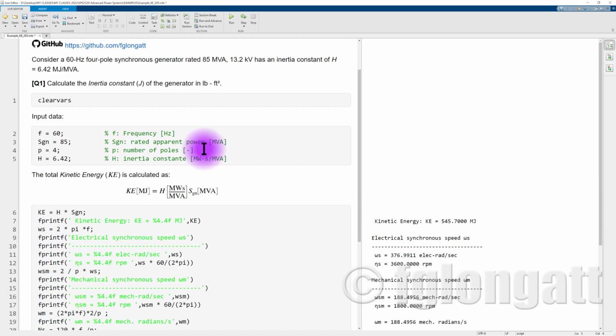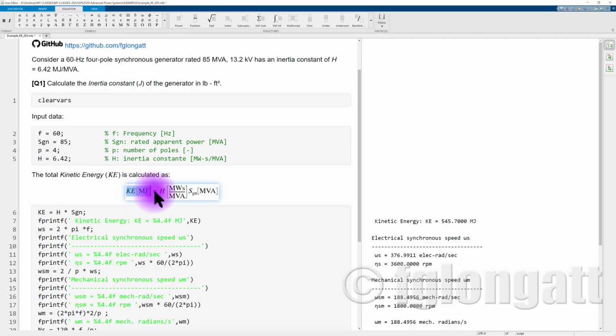The first step here is that we need to know the kinetic energy. We have many videos in the channel talking about kinetic energy calculation. And all my students know that the kinetic energy is connected to the rotational inertia H and the rated apparent power. The kinetic energy in megajoules is equal to H in megawatt second per MVA multiplied by the rated power in MVA.